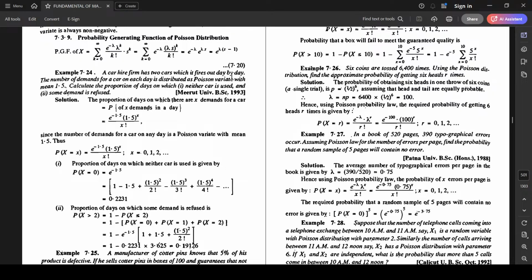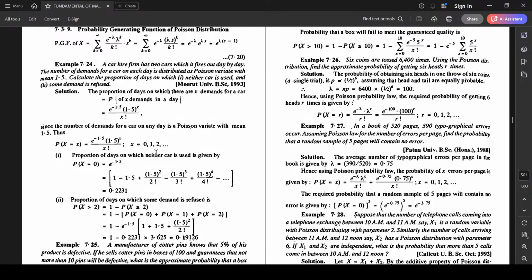So the proportion of days on which there are X demands is equal to P of X demands in a day, like two demands, one demand.